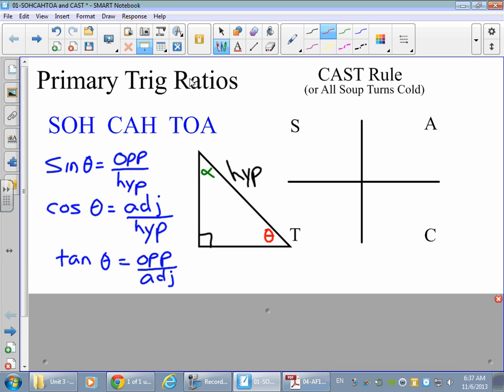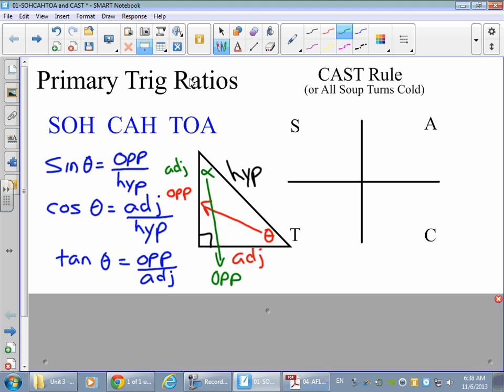So if I'm looking at the red angle here, theta, across from the red angle is the side that we call the opposite. Beside it is the side we call the adjacent. Adjacent means beside. If I'm looking at alpha, this ends up being my opposite, and this ends up being my adjacent.